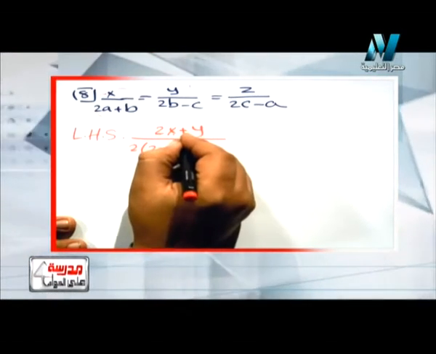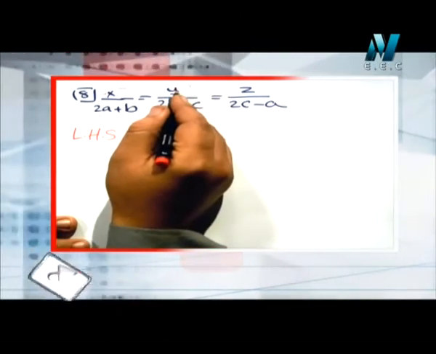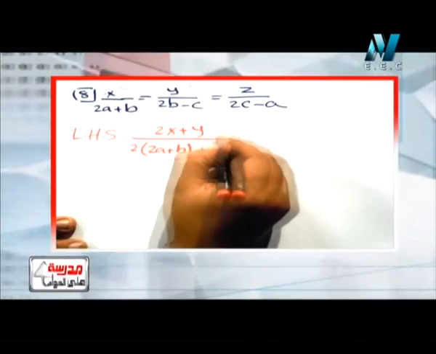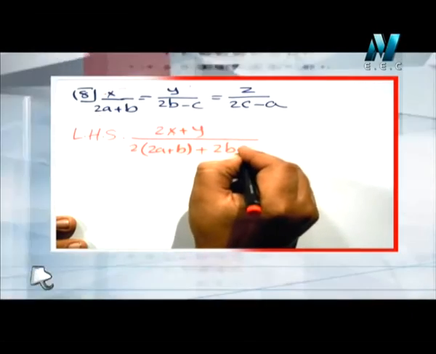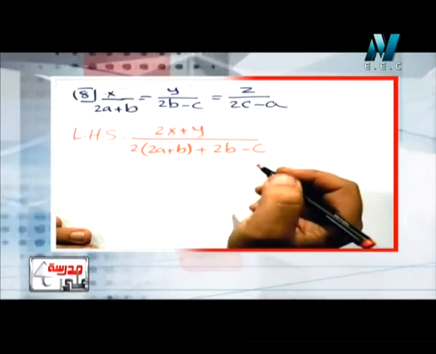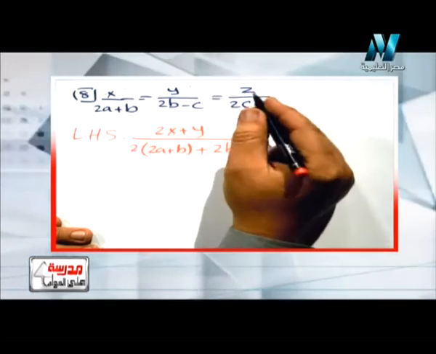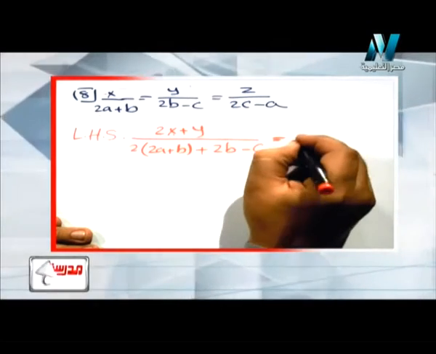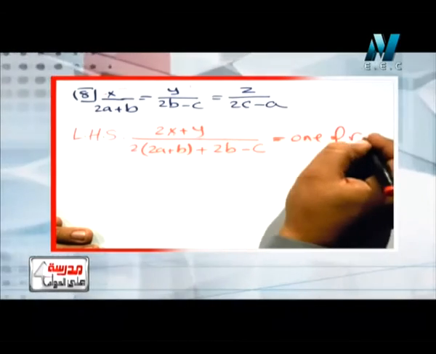Then we add this to y, which is the antecedent of the second ratio, so I'm going to add to it 2b minus c. And of course, this equals one of these ratios, as we studied before.